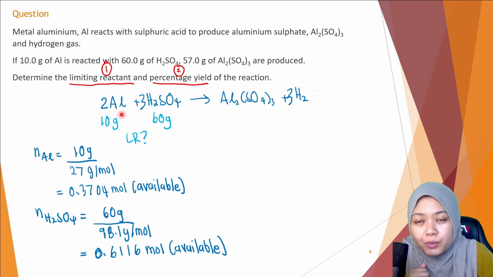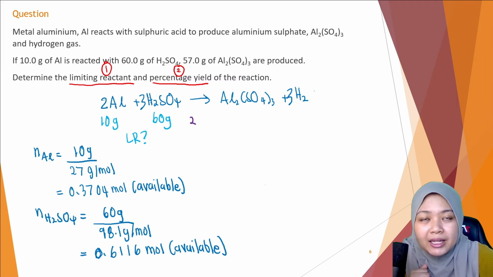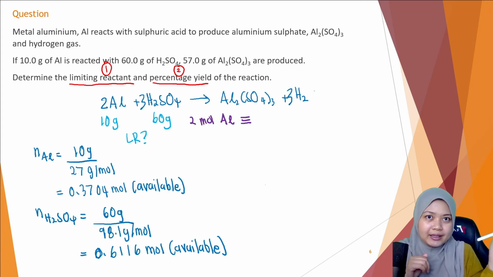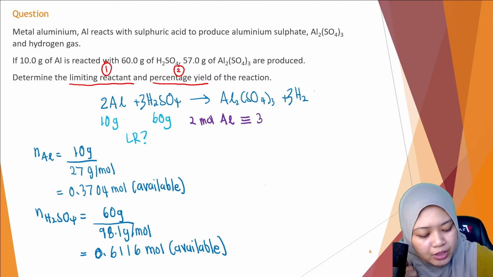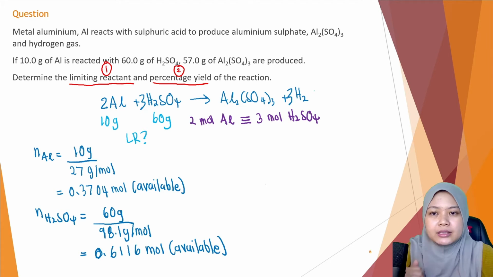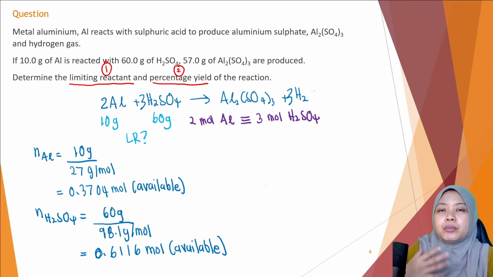Based on the balanced chemical equation, 2 mole aluminium will react with, you buat 3 line, present equivalent to 3 mole H2SO4.